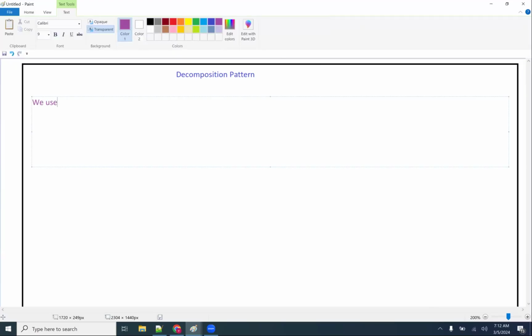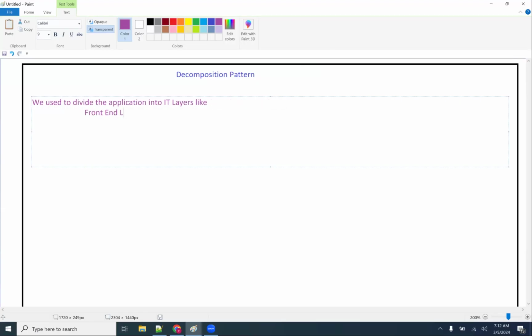What I'm trying to convey is, for example, we used to divide the application into IT layers, like front end layer, controller layer.